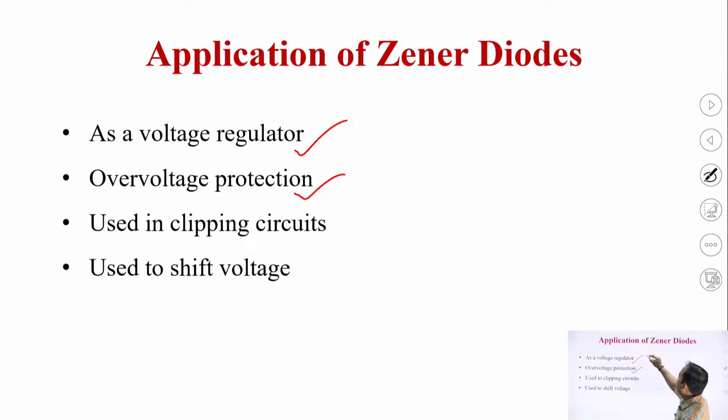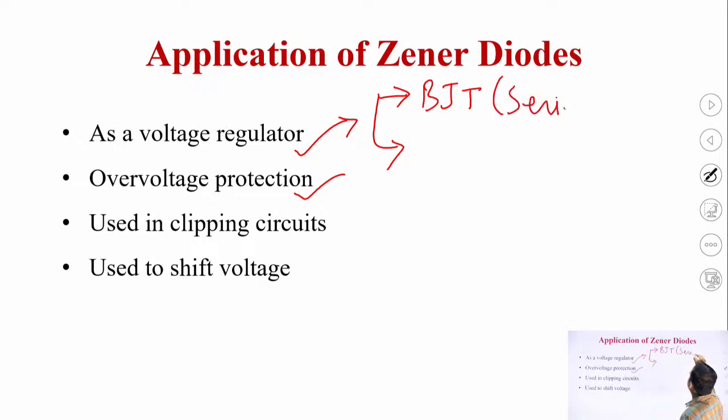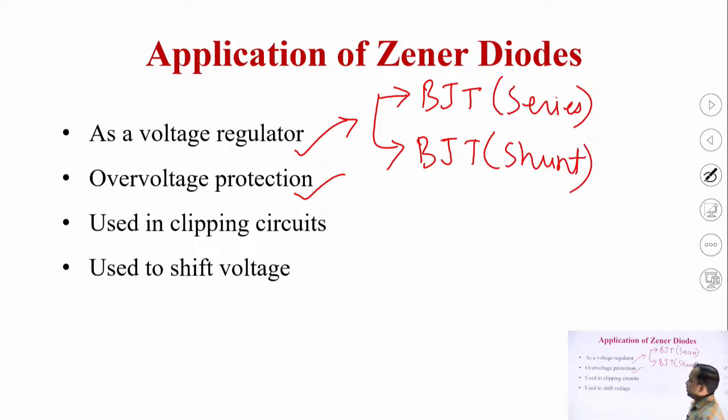Regarding the regulator, we can further say that a regulator can be obtained by using BJT also, BJT in series and BJT in shunt. Shunt means parallel, and series we are already aware. So we can obtain a voltage regulator with the help of Zener diode, and also using BJT in the series mode and in a shunt mode. Also we can use the Zener diode as a voltage overload protection.